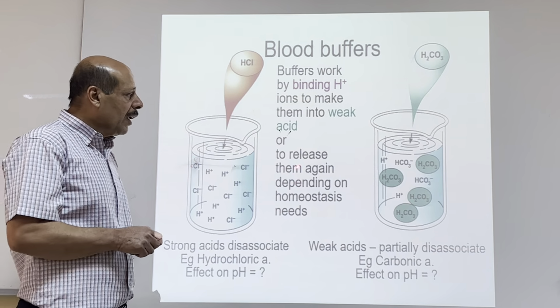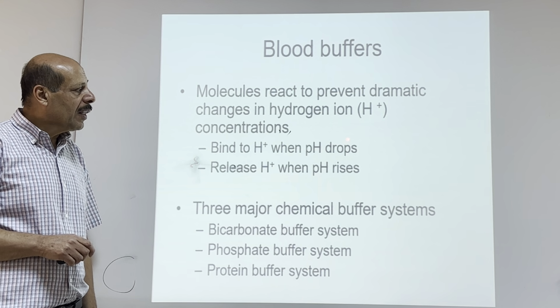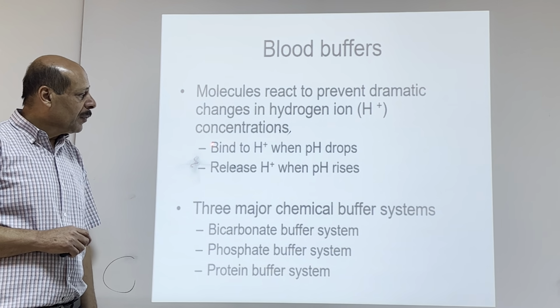The blood buffer molecules react to prevent a dramatic change in hydrogen concentration, acidosis or alkalosis. They bind hydrogen when the pH drops toward acidosis, and release hydrogen when the pH rises.